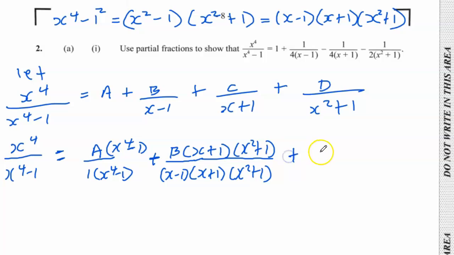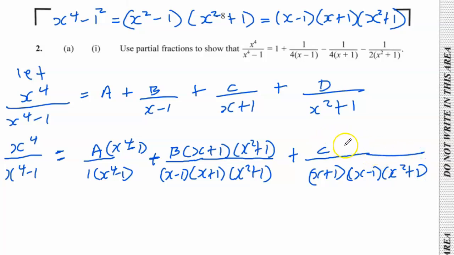Likewise, for the c, notice c is over x plus 1. And for c to have the same denominator, I need to multiply by x minus 1 and x squared plus 1. And of course I have to do the same thing to the numerator, x minus 1 and x squared plus 1.